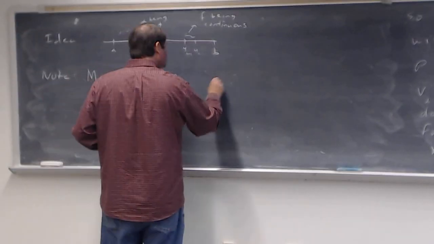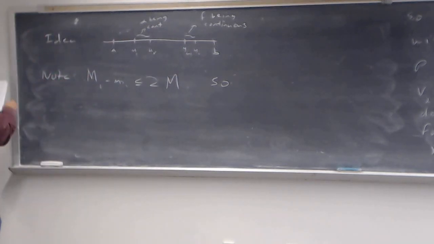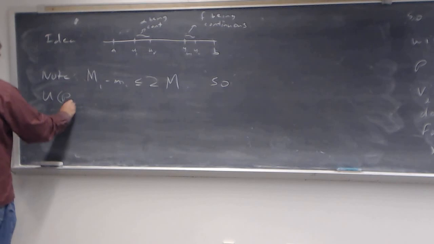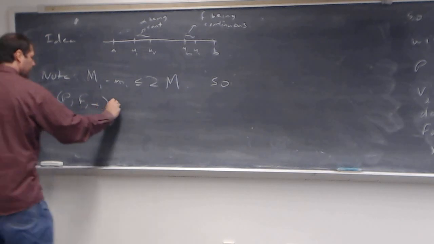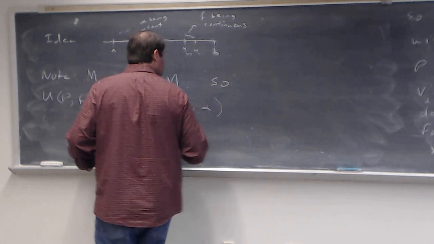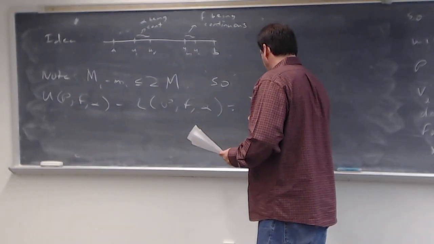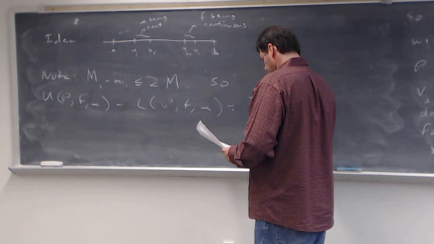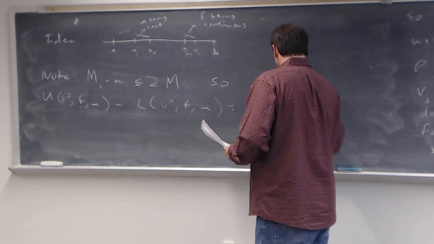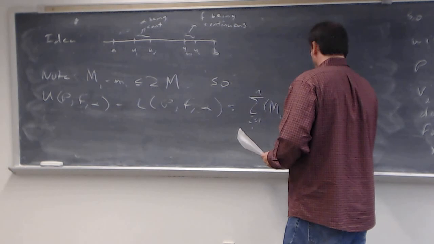And so the upper sum minus the lower sum is equal to the sum as i runs from 1 to n of big M sub i minus the little m sub i times the delta alpha sub i.